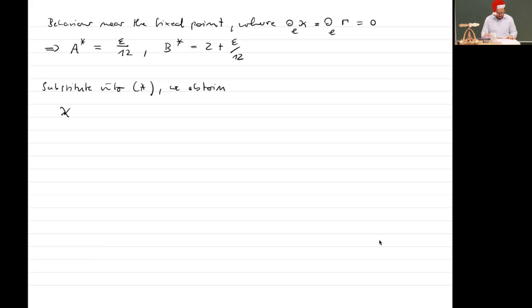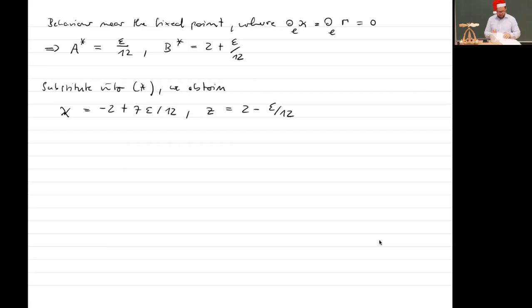Chi is minus 2 plus 7 epsilon divided by 12, and z is equal to 2 minus epsilon divided by 12. So we have our first two critical exponents.